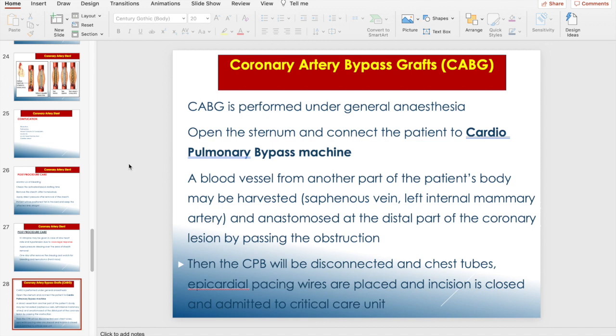After the procedure, the patient is transferred to the critical care unit and may be intubated for 1 or 2 days until the patient returns to hemostasis. After that they will be extubated, and the patient will be fine. Sometimes it takes 1 week before discharge from the hospital.